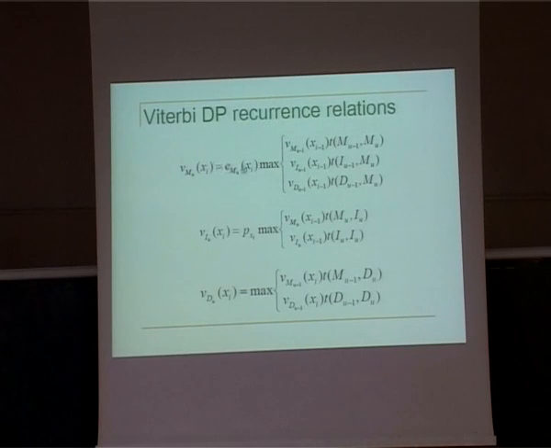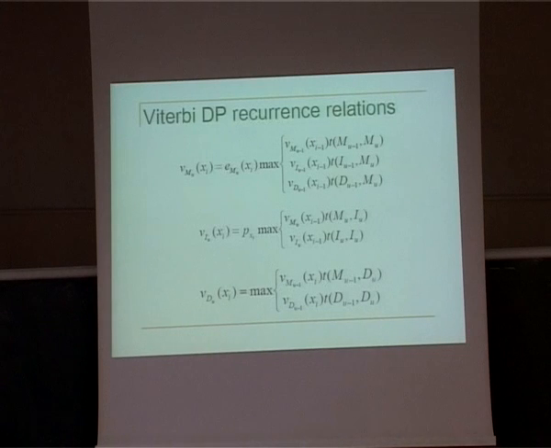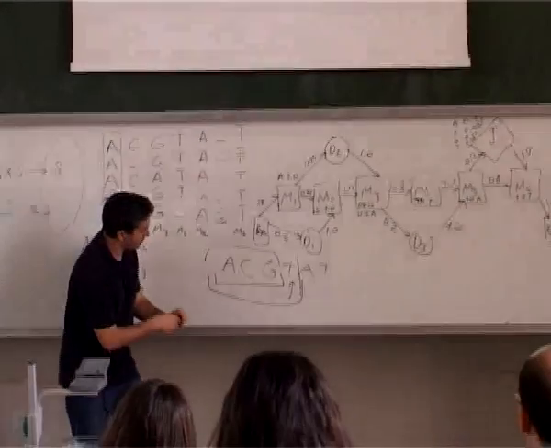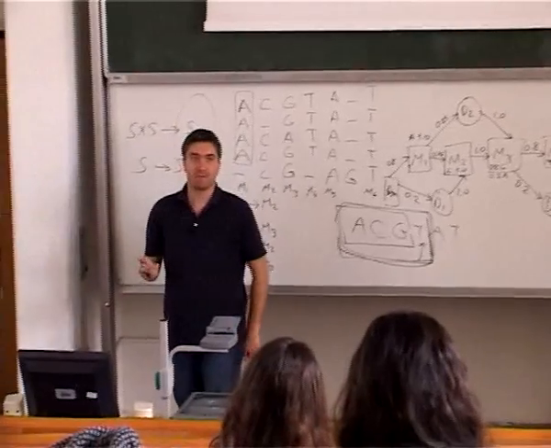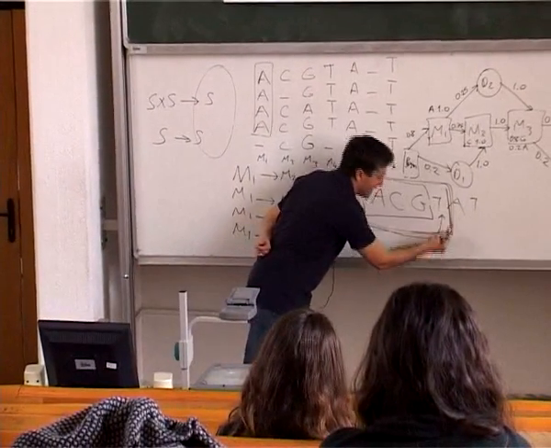Now, this equation tells us that the probability of this best path is actually the multiplication of the emission probability. Actually, I missed a very important point here: the probability of the best path that is going to end at match state u. When we have this ACGT, there may be multiple paths in which the last state is different.